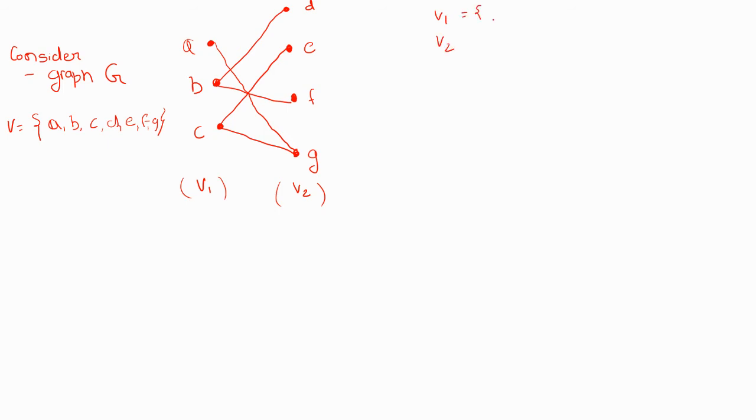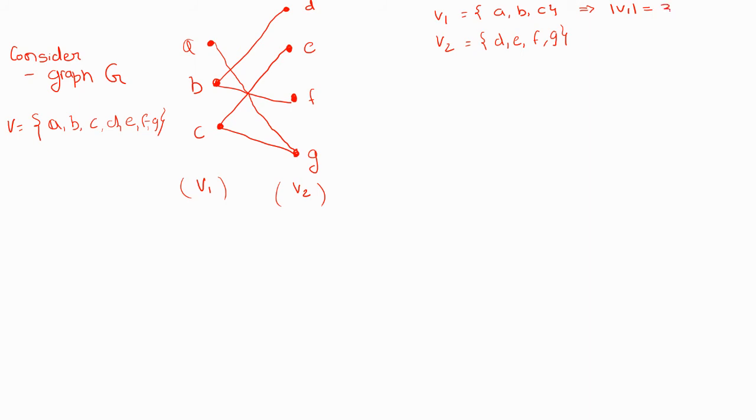V1 is A, B, C, and V2 is D, E, F, G. I'm just telling one concept which will be required in later sections. What is the value of |V1|, that is, the number of elements in V1?